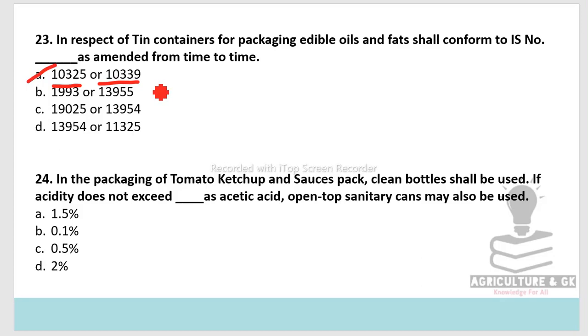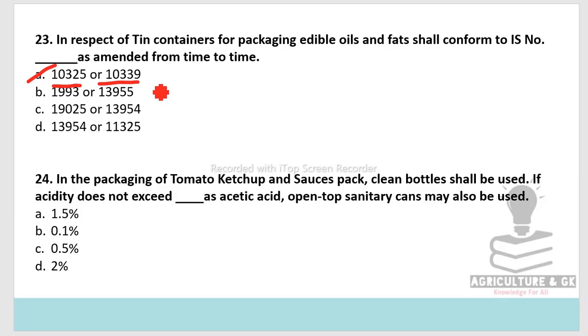And if we can monitor the acidity level to the certain optimal acetic acid level, so we can also use open top sanitary cans. So what is the acidity level below which we can use open top sanitary cans? 1.5%, 0.1%, 0.5% or 2%.